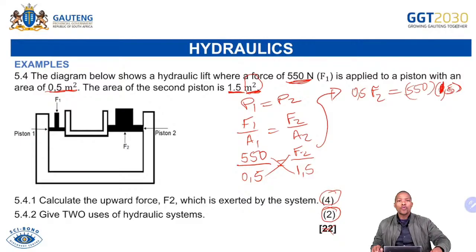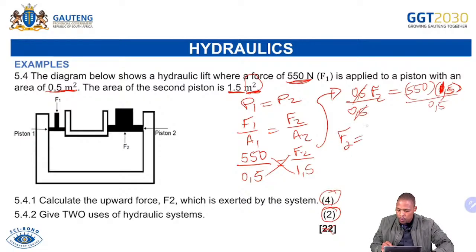So to get our F2, divide by 0.5 on both sides. Then F2 will be given as, take your calculator, 550 multiplied by 1.5 over 0.5, and then it should be 1,650 newtons. And it is upwards.